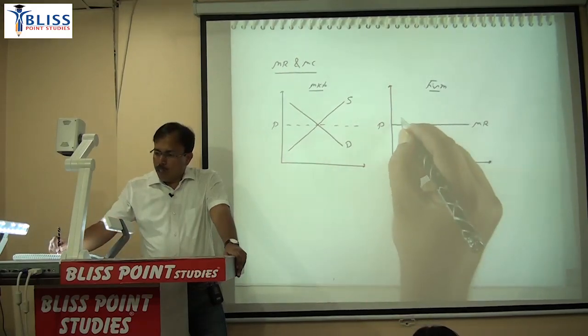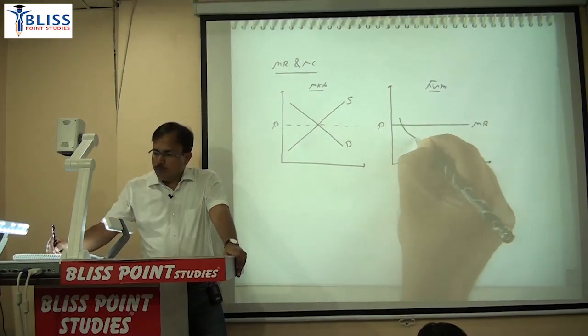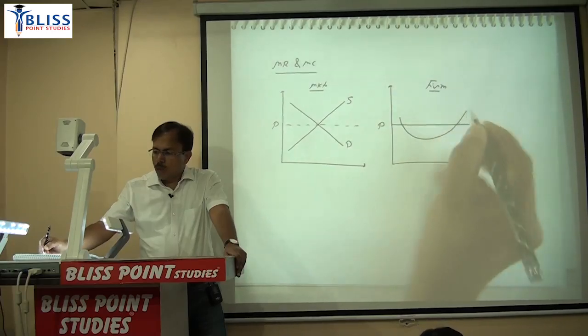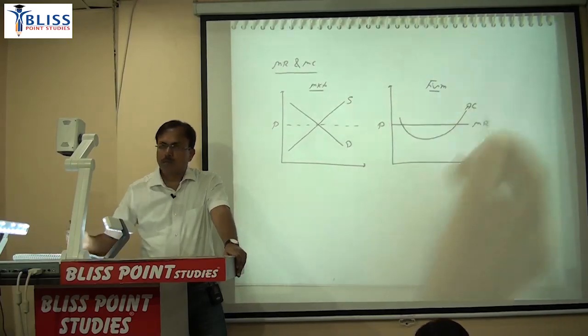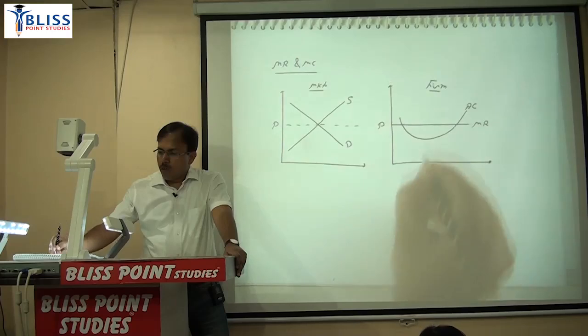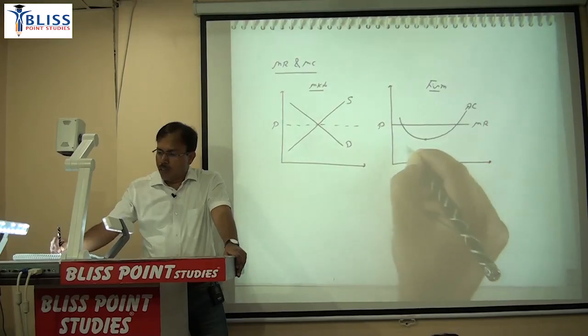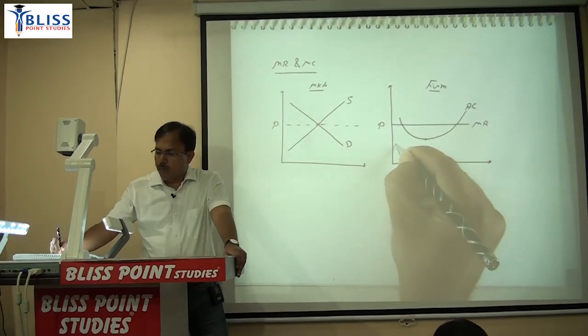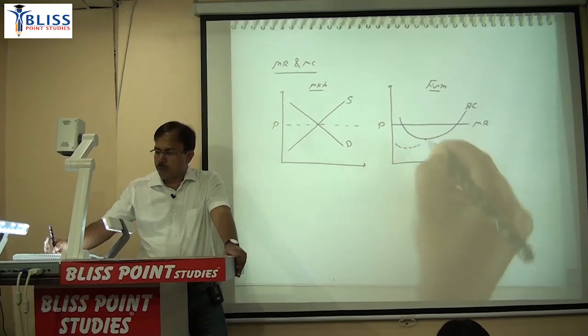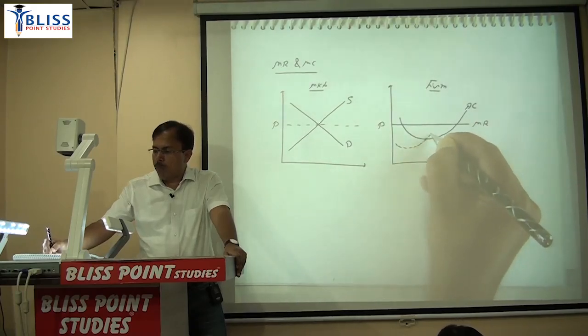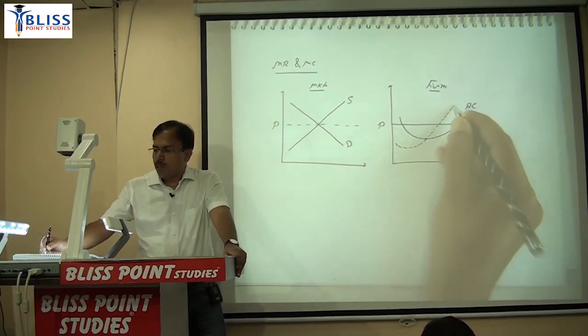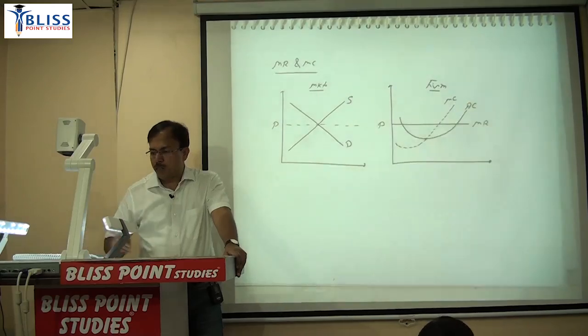The average cost curve will be U-shaped. So draw that average cost curve. Marginal cost will always cut average cost from the minimum point, and that marginal cost curve is also U-shaped, cutting through the minimum point of AC. Draw that MC line.